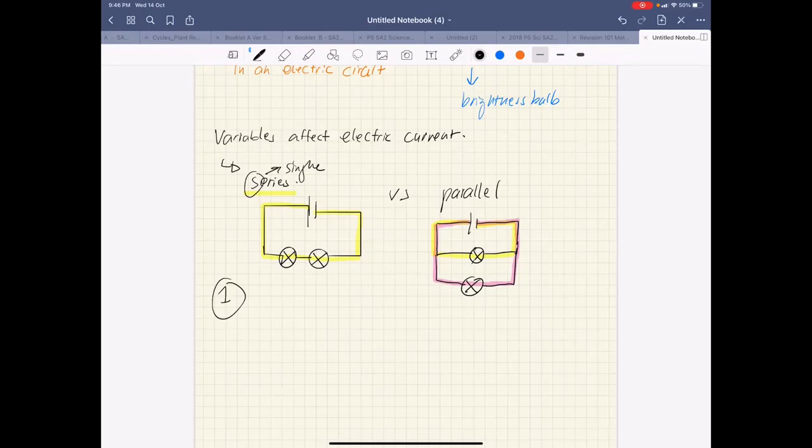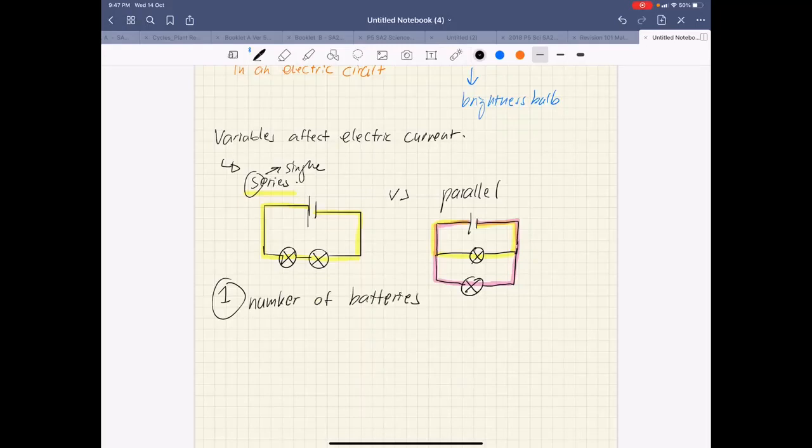We can adjust the brightness. Remember, work done in an electric circuit, for example if you want the bulb to be brighter or dimmer, is a kind of work done in electric systems. The first thing you can do is change the number of batteries.